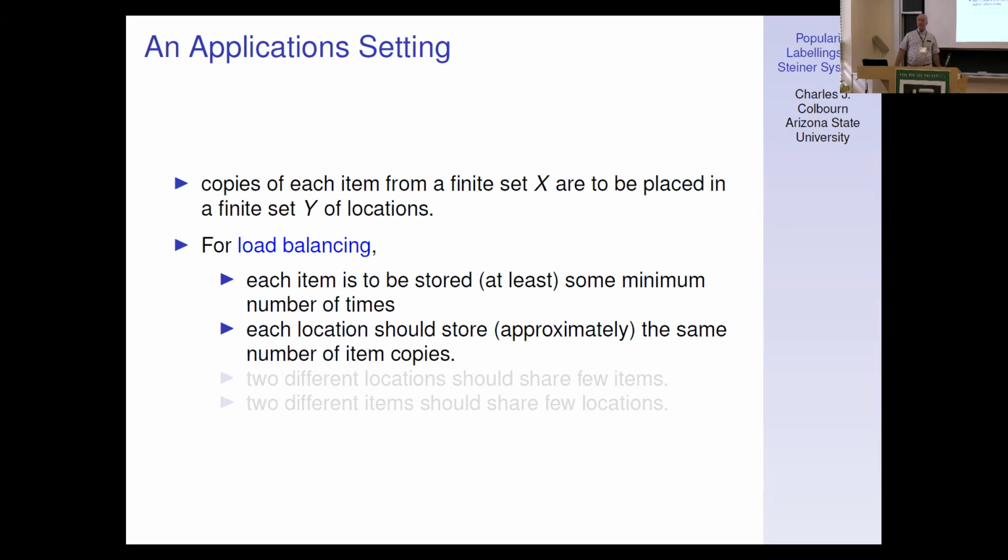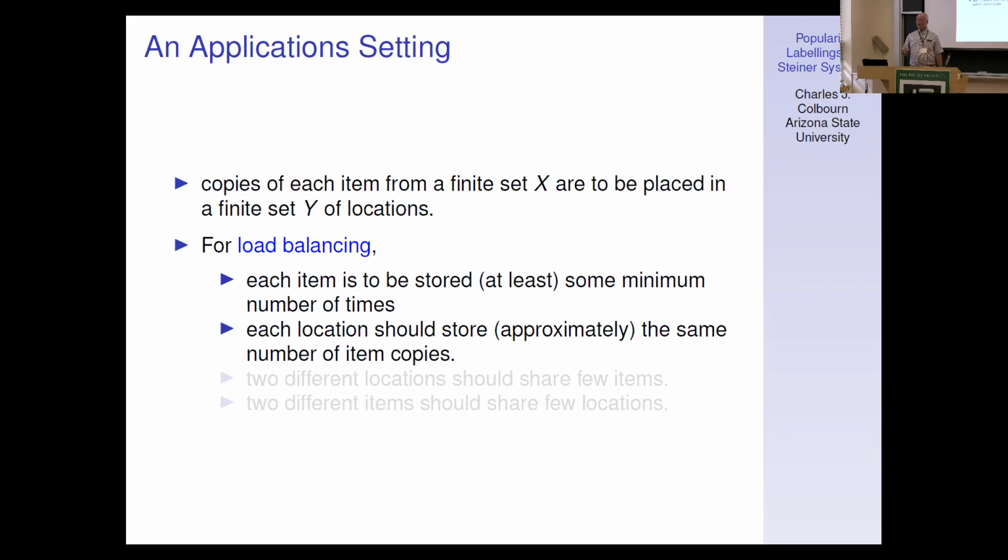So the generic setting here is you have a number of data items of some kind. There's some finite set of data items, and you're going to replicate the items. You're going to make a number of copies of them. You've also got a finite set of locations in which you can put these items. But right away, you can guess that you don't want any location to get overloaded with items or any item to get too many replications.